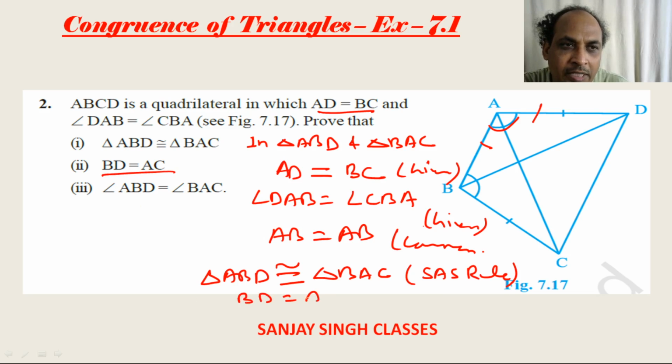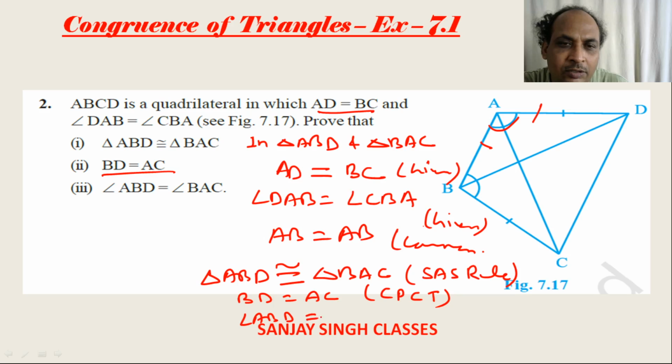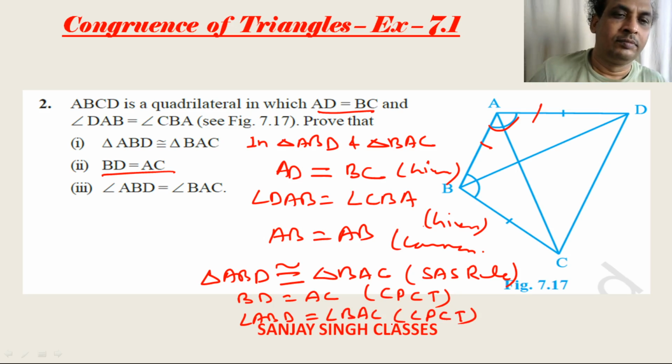BD is equal to AC, CPCT. And angle ABD is equal to angle BAC. It will also become CPCT only.